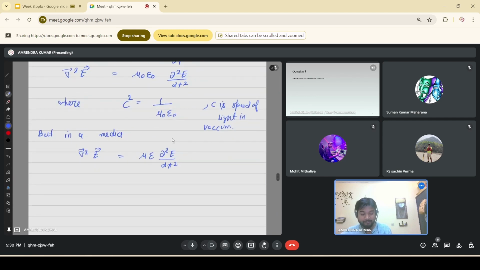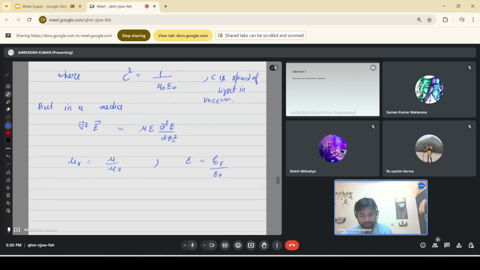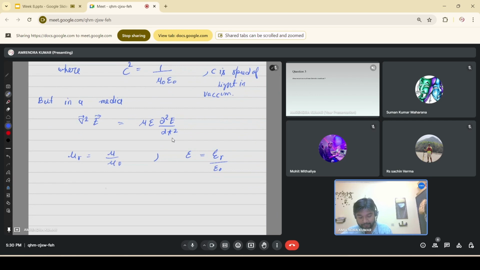Now what we can do is write this as mu. Okay, so if you define mu r equal to mu over mu 0 and epsilon r equal to epsilon over epsilon 0, then you can write this as mu r epsilon r, and then mu 0 epsilon 0, and you have del square E and del square E over del t square.